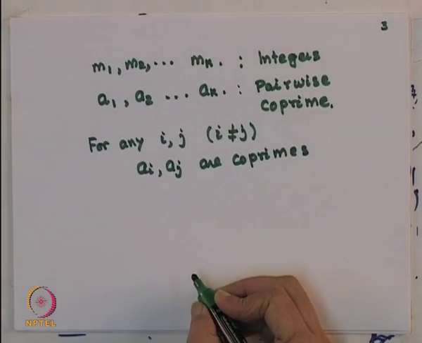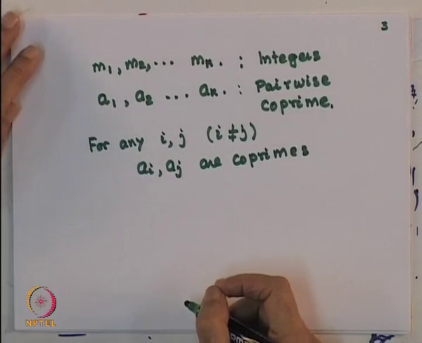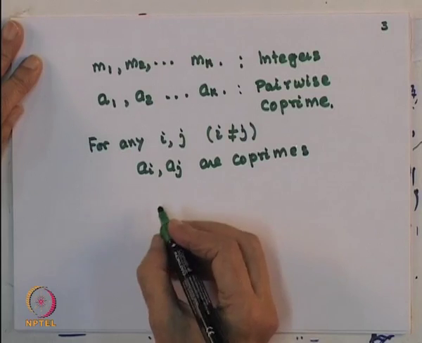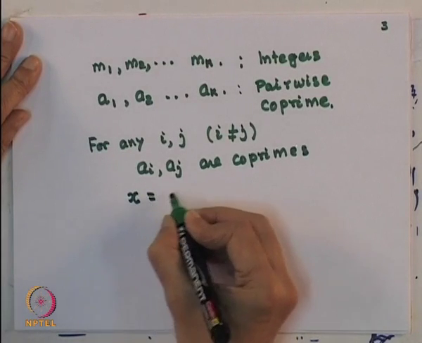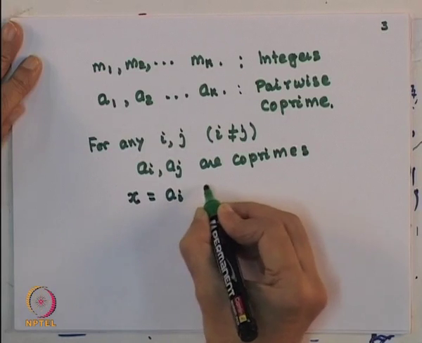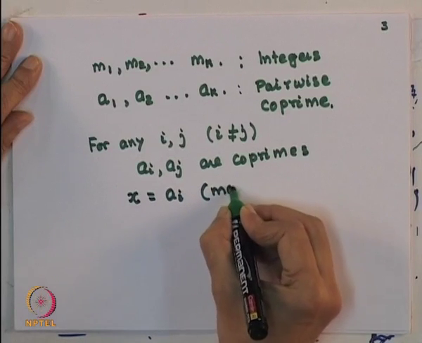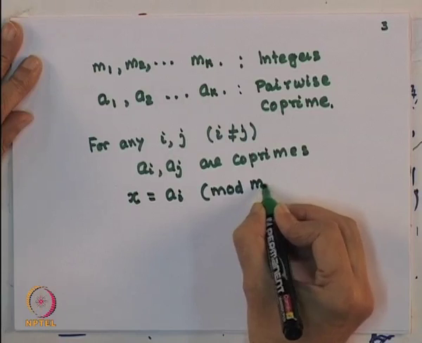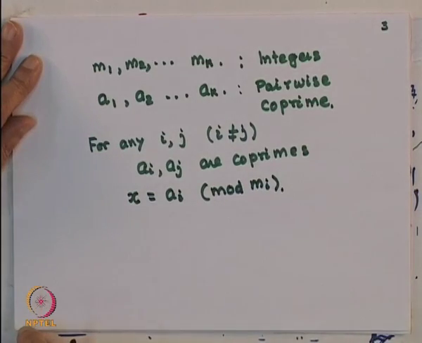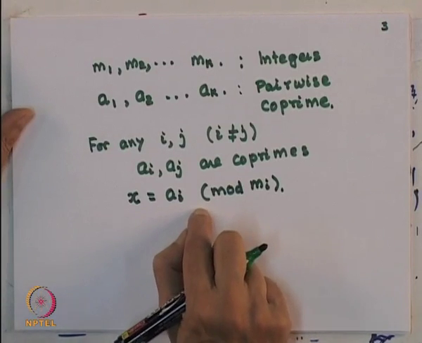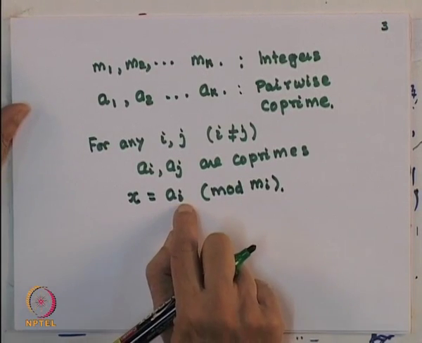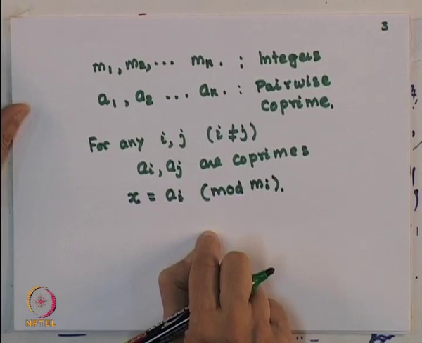Now with this, if you look at the following set of equations, x is equal to ai mod mi. Now these are actually a set of k equations, because for every i I have this.